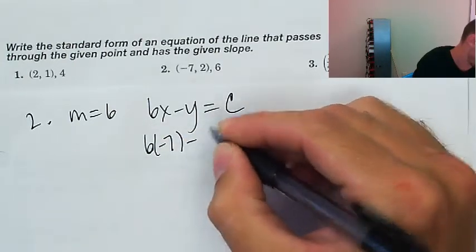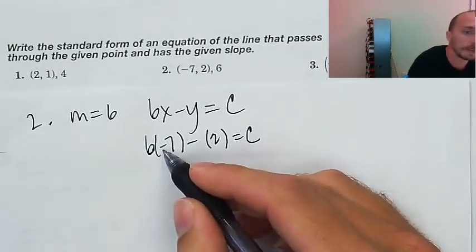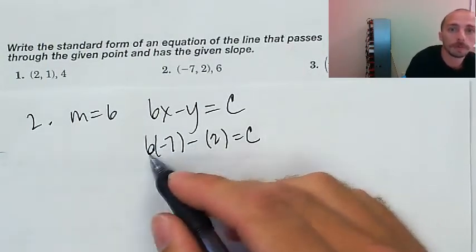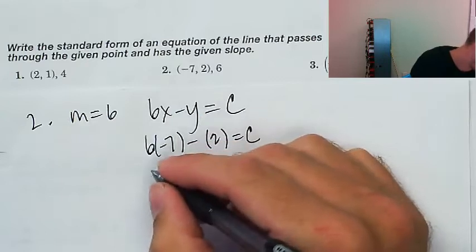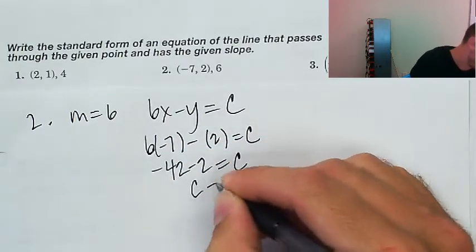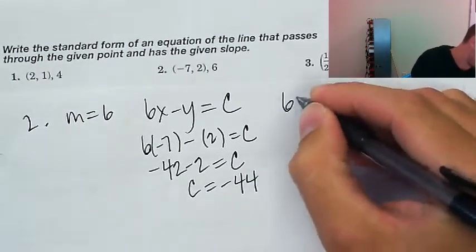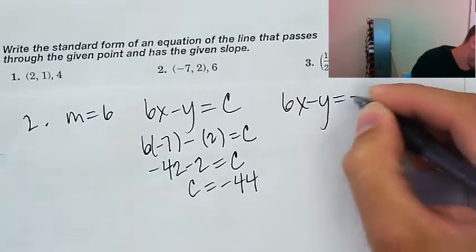Oh, interesting. Okay, 6 times -7, well, 6 times 7 is 42, so that would be -42. Minus 2 more equals c. So c is going to be -44. Okay. My equation is going to be 6x minus y equals -44.